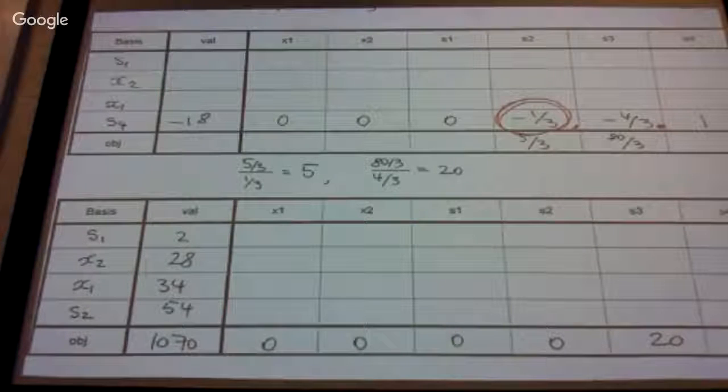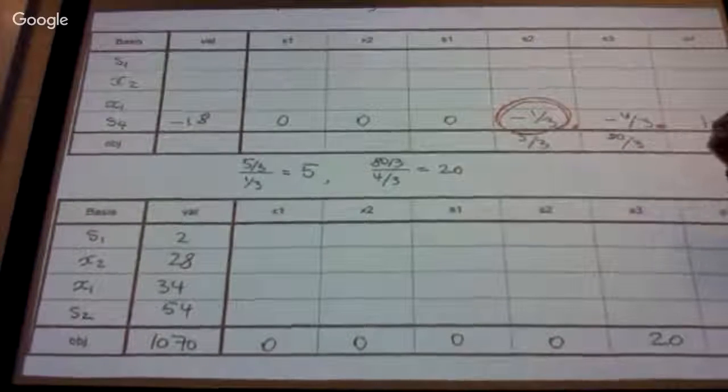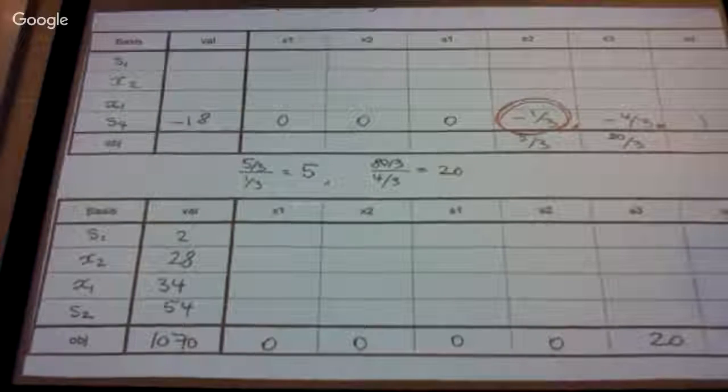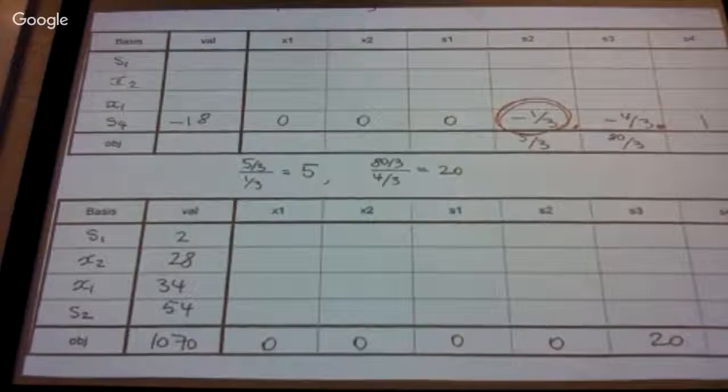Just as a reminder question, why do we do the ratio test again? What's the point of it? Why can't we take the other one? Or can we take the other one?